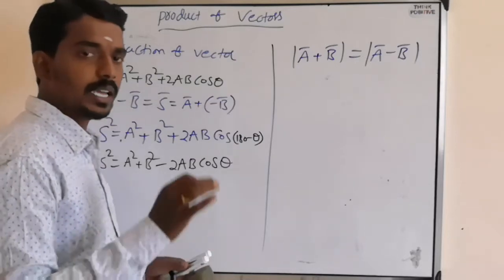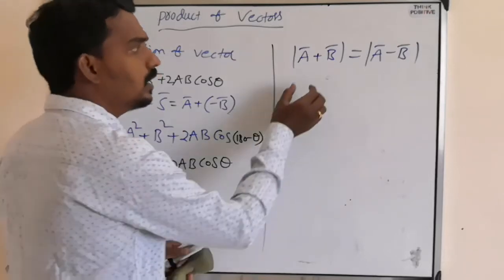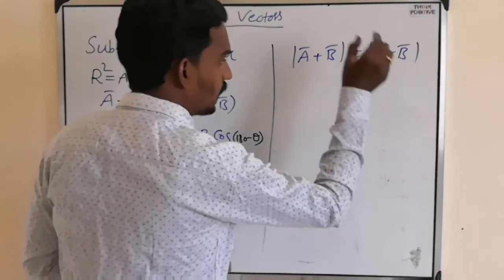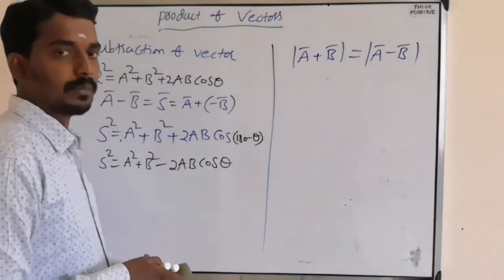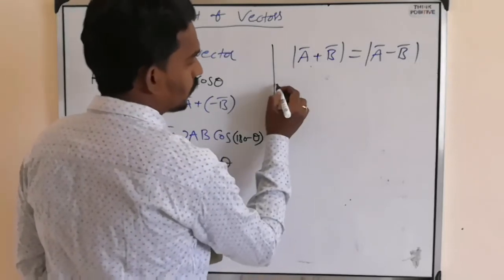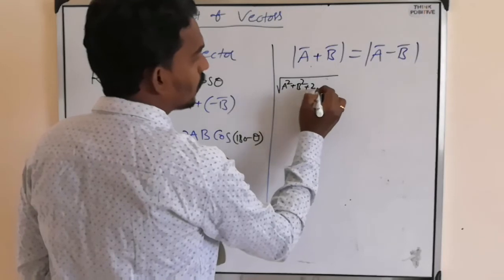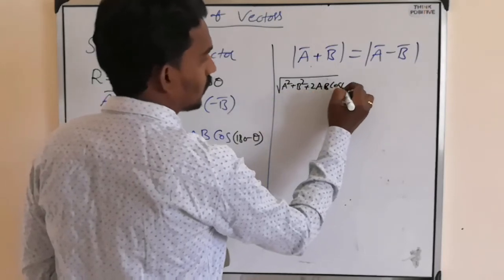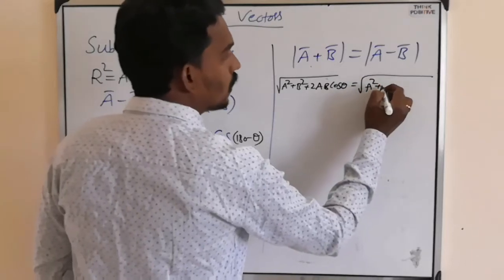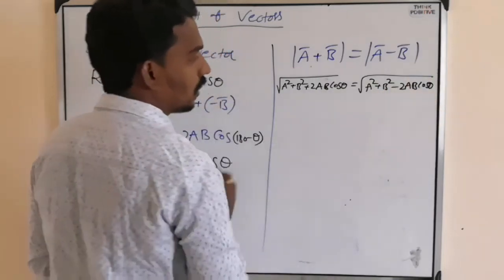The question is the angle between A bar and B bar under the condition that the magnitude of A bar plus B bar and the magnitude of A bar minus B bar are both the same. Then this magnitude is under root A square plus B square plus 2AB cos theta, equal to this magnitude, A square plus B square minus 2AB cos theta.